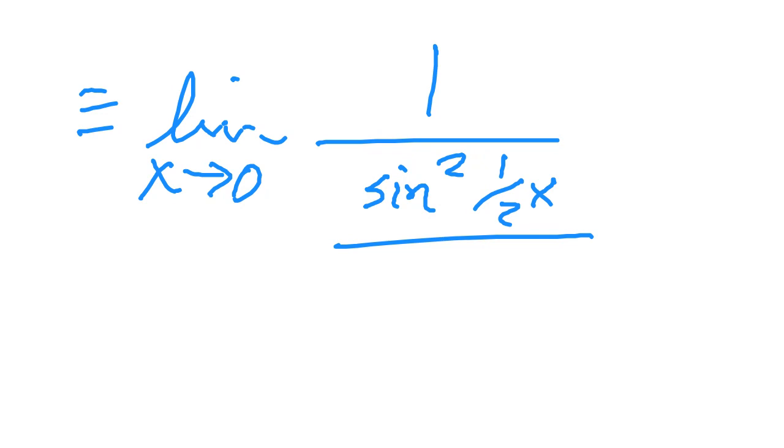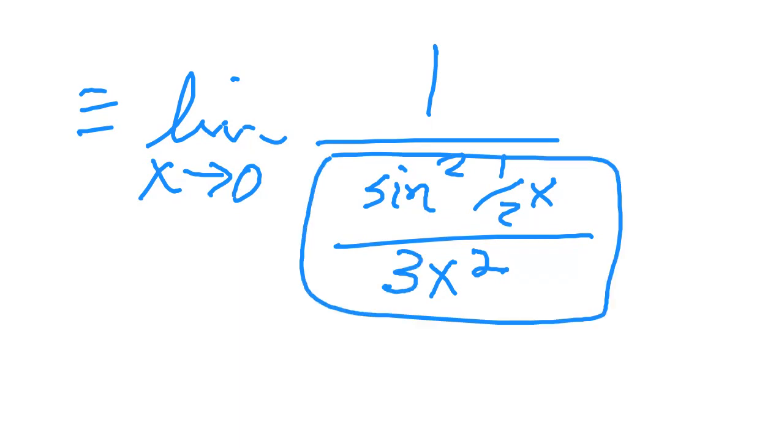The 3 was still on top, but I'm taking the reciprocal here. So it's 1 over the reciprocal, and I got the 3x squared there as well. That 3 is really times 1/3, and times 1/3 on the bottom is like times 3 on top, so I can just put that 3 on top.